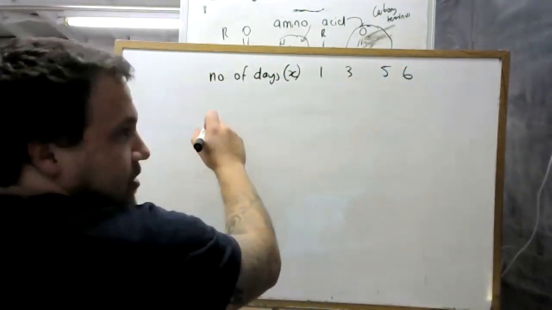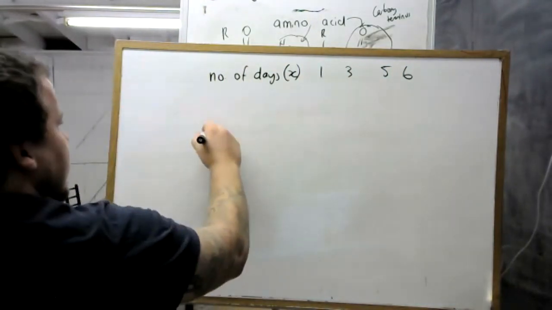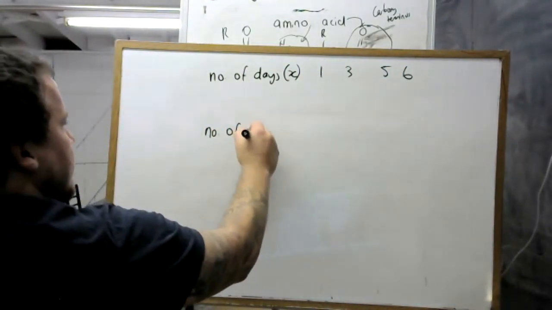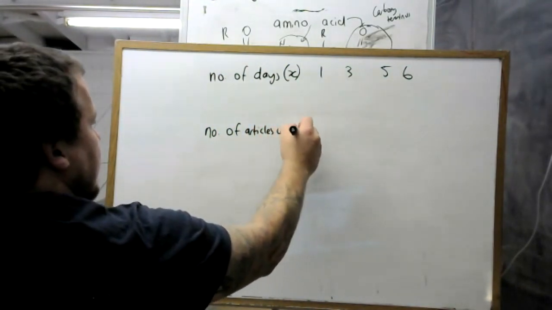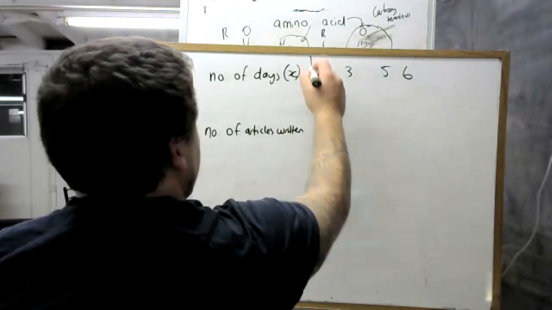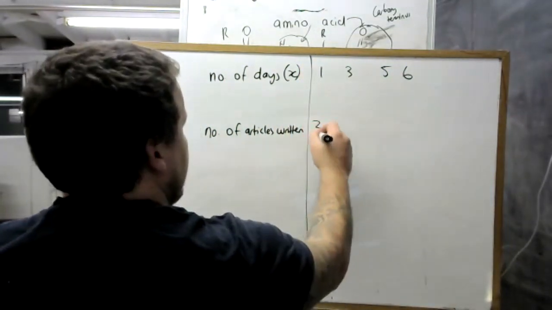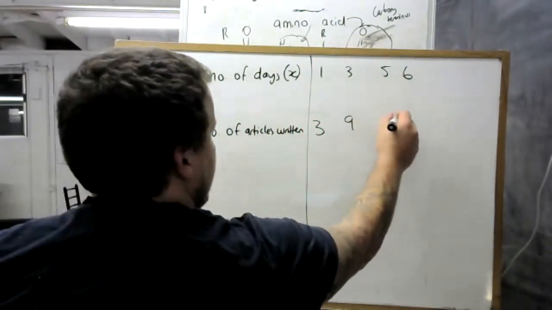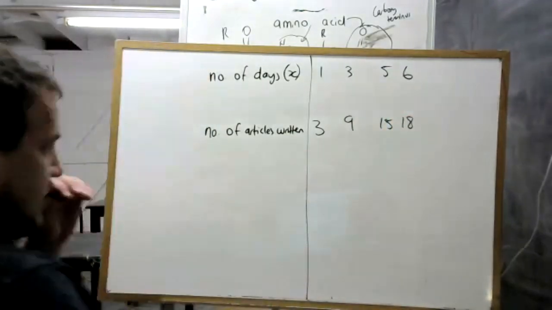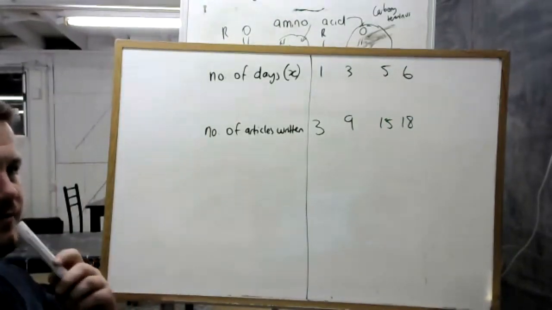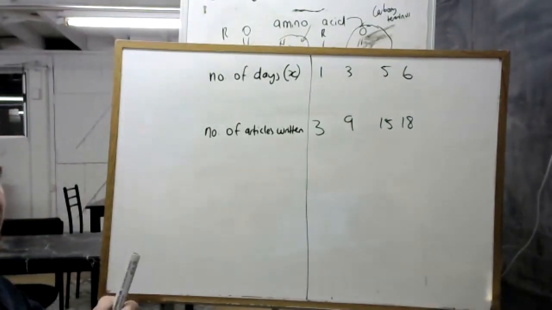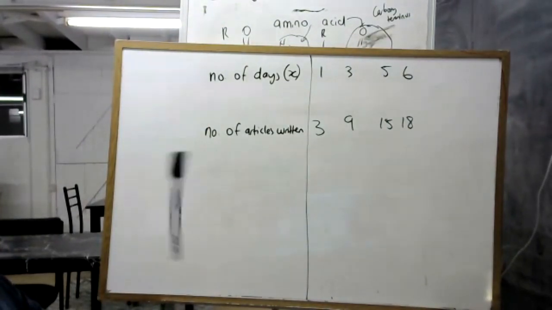And then we've got, let's call it number of articles written. So how would we figure out the proportionality from that graph? And is it a direct or inverse proportion?